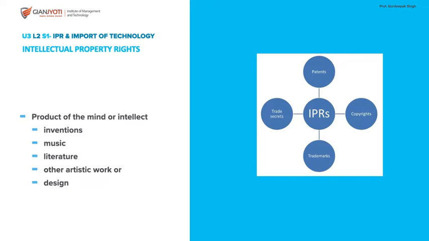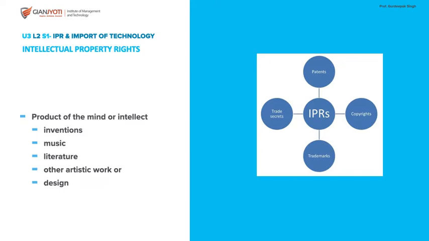It can be in the form of inventions in the area of music, literature, any artistic work, or a new design. When we say design, it can be a product design or even the factory layout. I can claim that as my intellectual right.